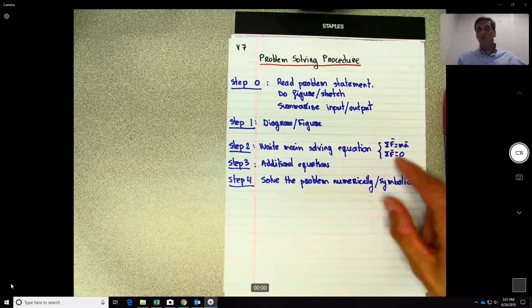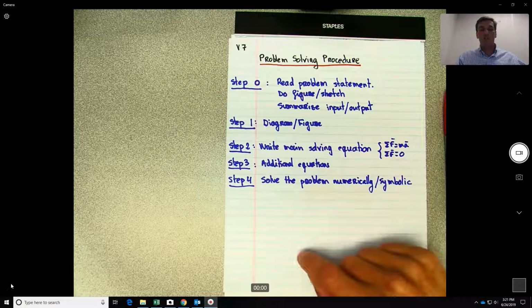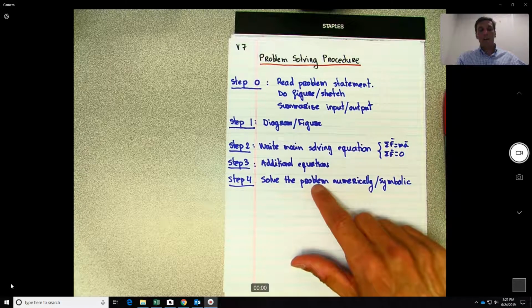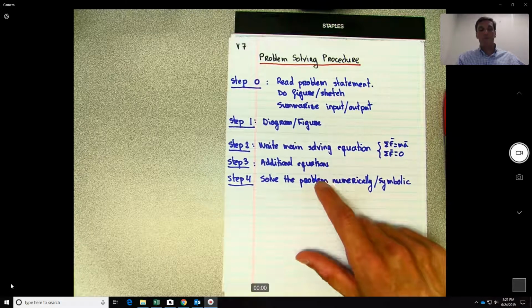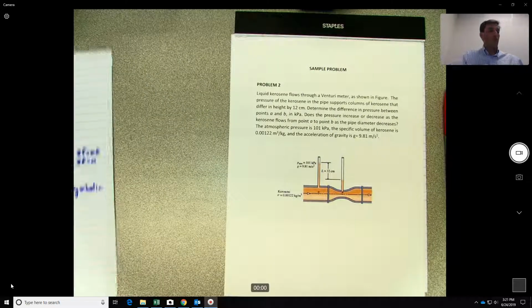That most of the case will be coming from one of these equations. If we can solve the problem at this step, we jump directly to step number 4. Otherwise, we need to find additional equations until the number of equations matches the number of unknowns. Okay, so let's just get started following that procedure.